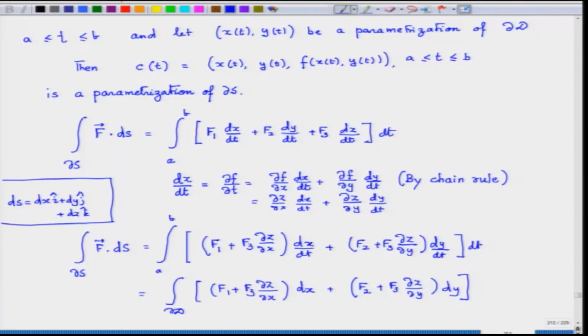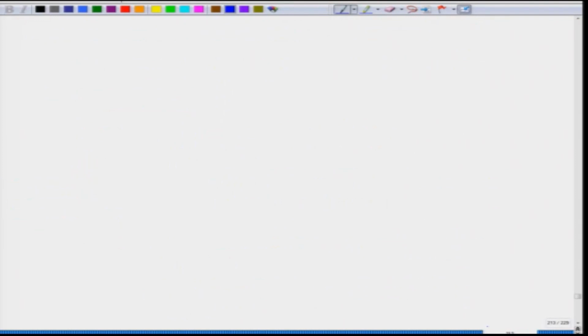So now we have to apply Green's theorem. Let me just write it down again.